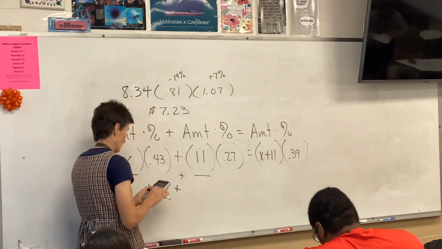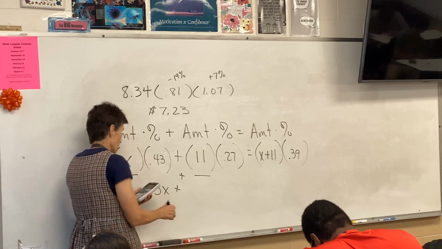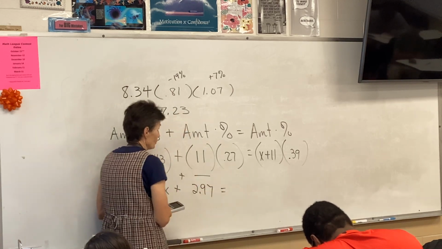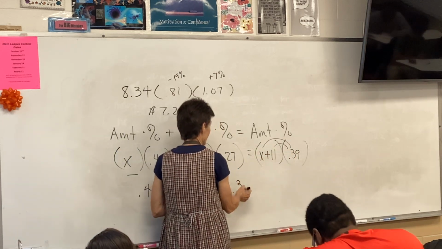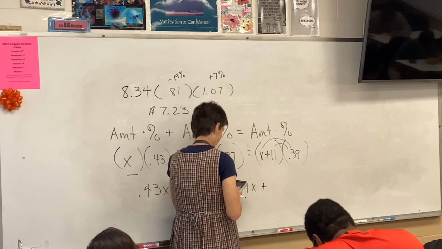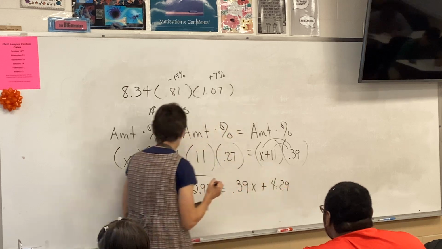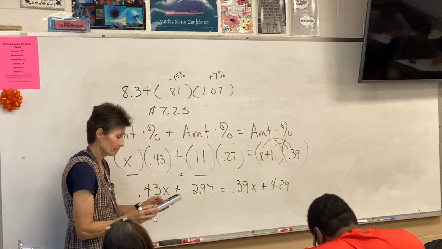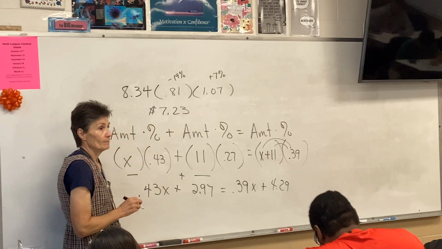plus 2.97 equal to, this is a distributive, please make sure you're distributing. All right?